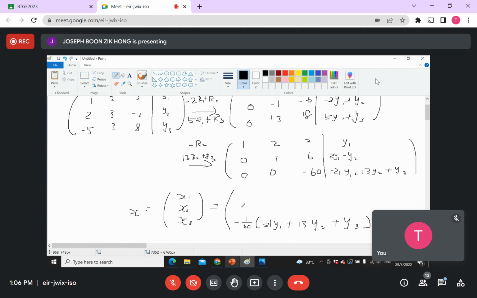And then for your y2, x2 will be 2y1 minus y2 minus y2, and then minus 6x3.